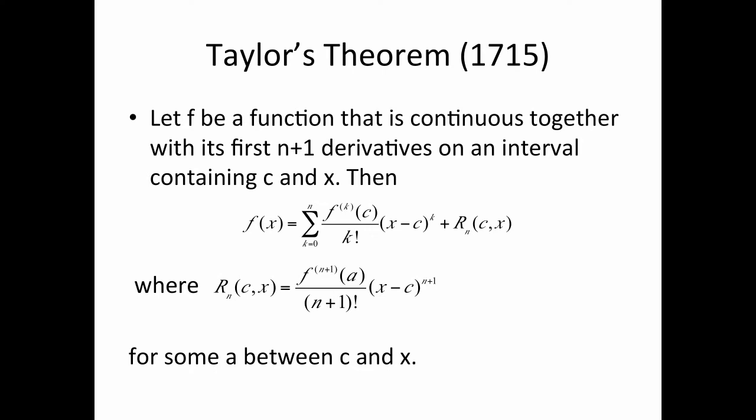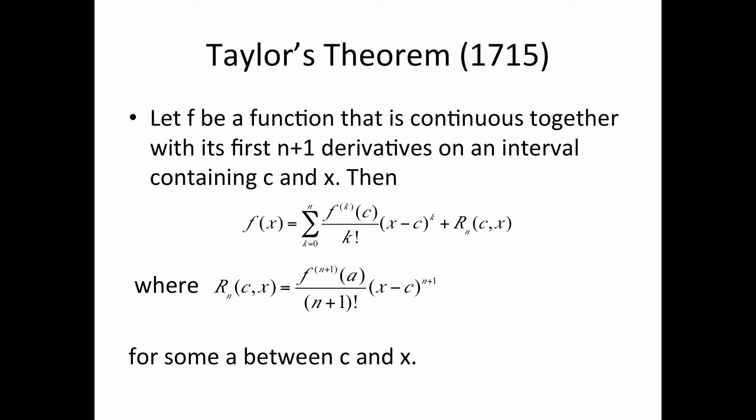So what Taylor's theorem gives us, or the Taylor polynomial of a given degree n, is a polynomial that agrees with the function f of x at the point c up to the nth derivative. So a 0th degree polynomial would just be the constant function with f of c as the value.